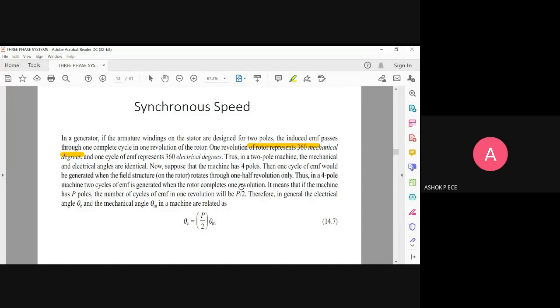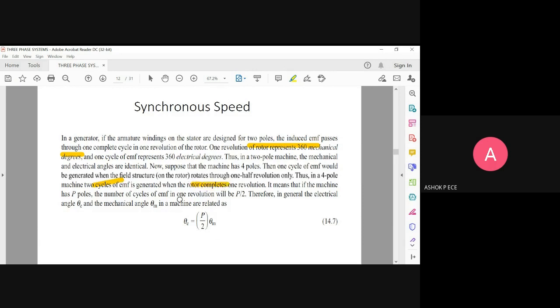In a two pole machine both are the same. In a four pole machine, when your EMF has two cycles, your rotor completes only one revolution, because in a four pole alternator two poles generate one cycle and the remaining two poles generate one cycle. One plus one is two, so EMF cycles will be two, while the rotor still completes only one revolution.